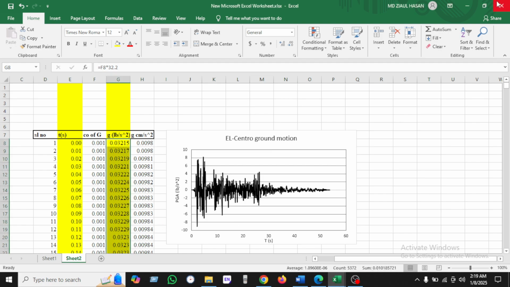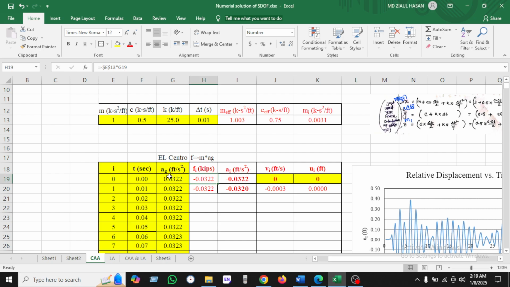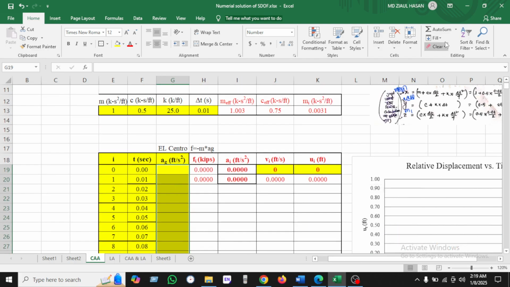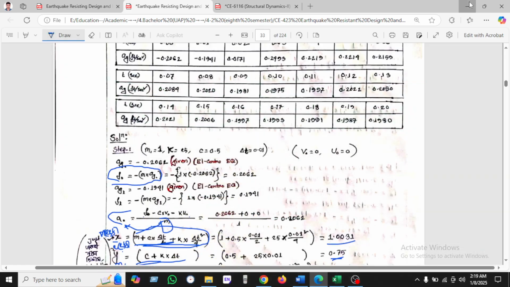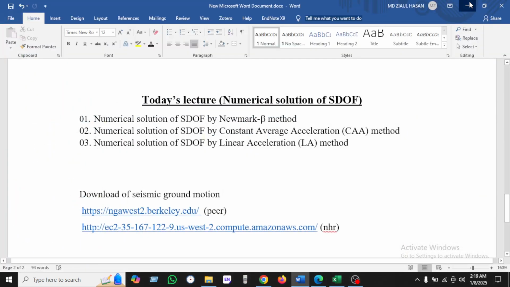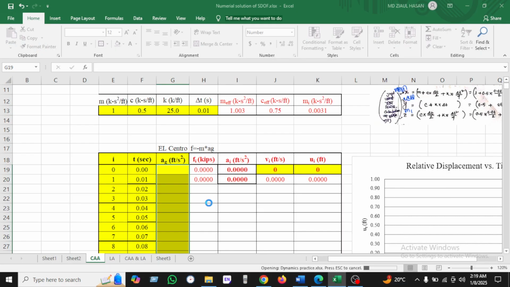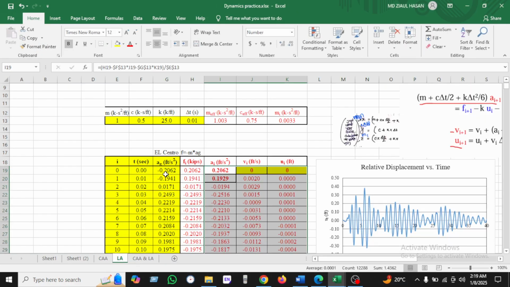Okay, sorry, I'm erasing here. I'm deleting this because the ground motion is not appropriate.